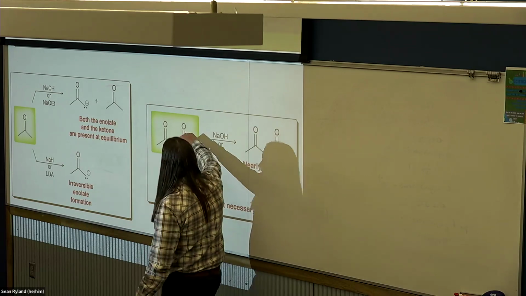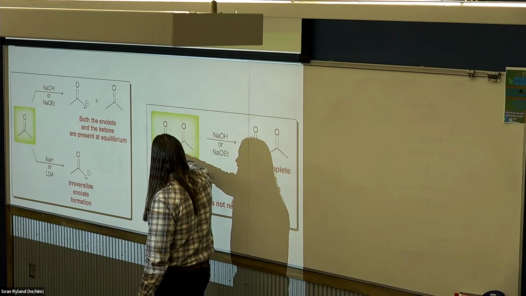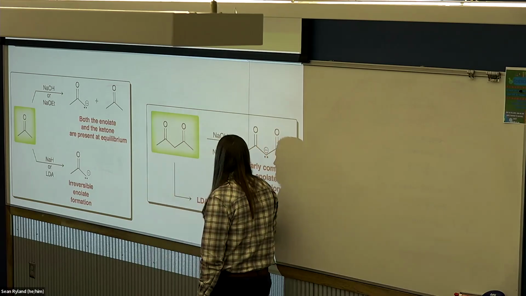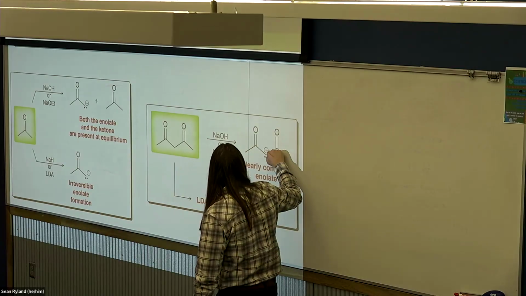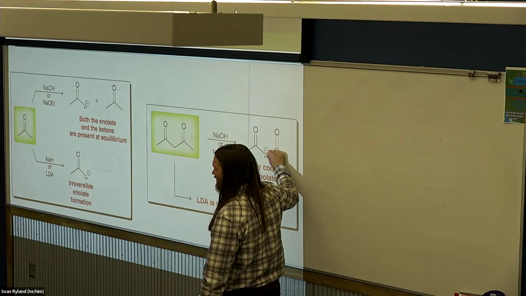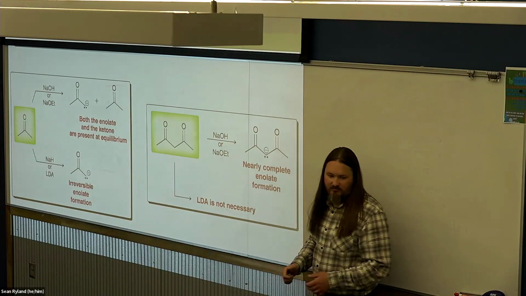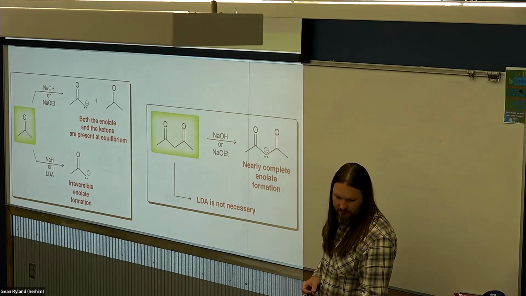If it's a beta diketone or dicarbonyl, then we don't necessarily need the LDA. We can just use NaOH or NaOEt or methoxide or any of those as a way to deprotonate the alpha carbon that's in between both of the carbonyls.